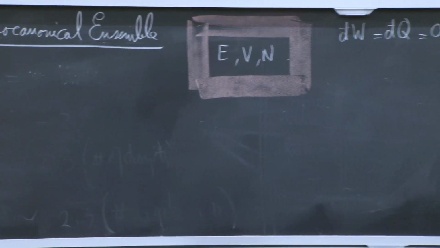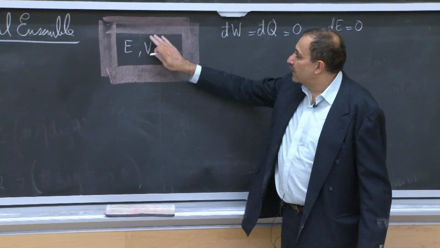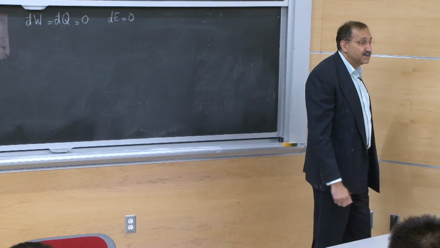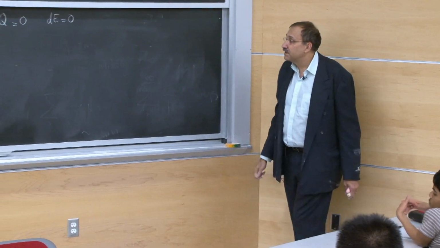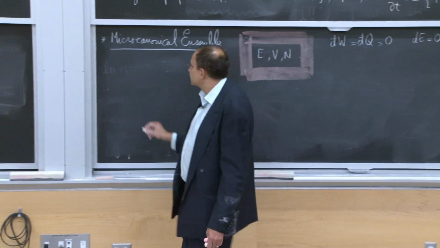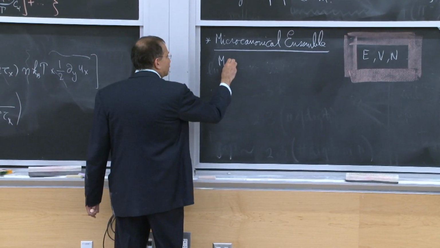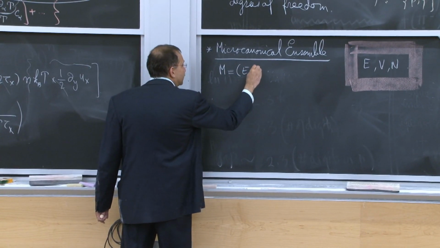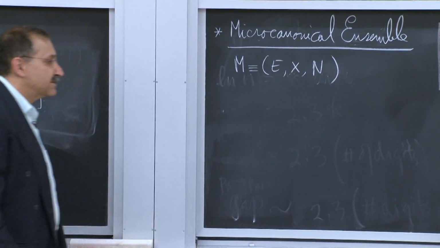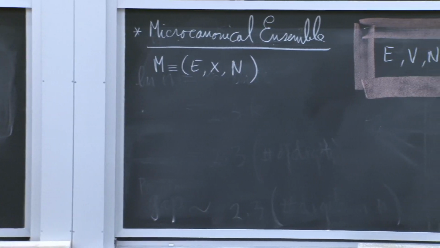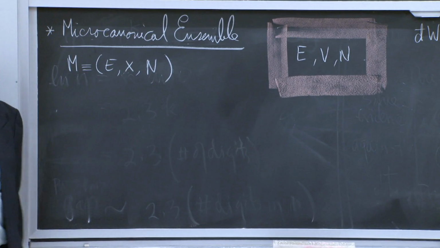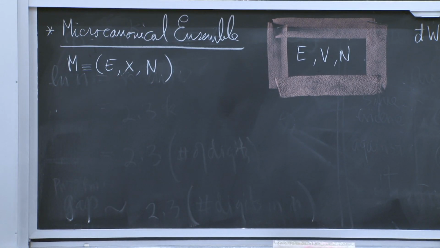So essentially, in general, all of the quantities that we identify with displacements are held fixed, as well as the energy in this ensemble. So the microcanonical ensemble would be essentially E, X, and N as the quantities that parameterize the equilibrium state.